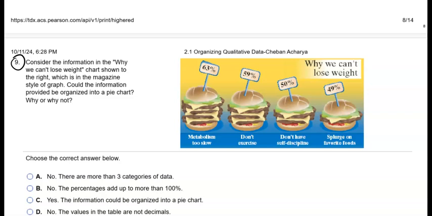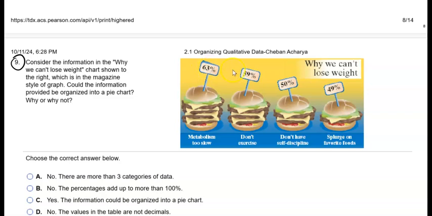Question number 9. Consider the information in the chart "Why we cannot lose weight" shown in the magazine-style graph. Would the information provided be organized into a pie chart? Why or why not? Each category of data here, metabolism too slow, not enough exercise, and so on, has a percentage.